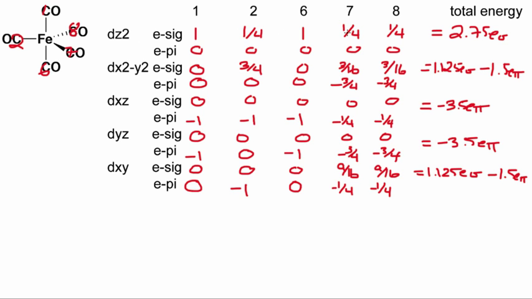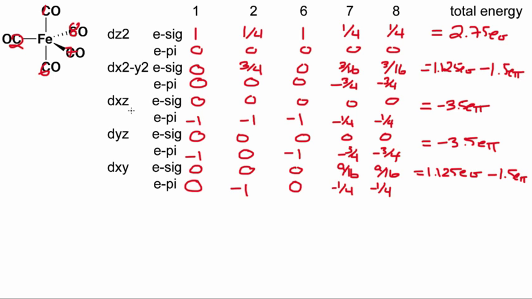And so in the case of the dz squared, we will have an energy increase of 2.75 e sigma. In the case of dx squared minus y squared, we will have an energy change of 1.125 e sigma minus 1.5 e pi.